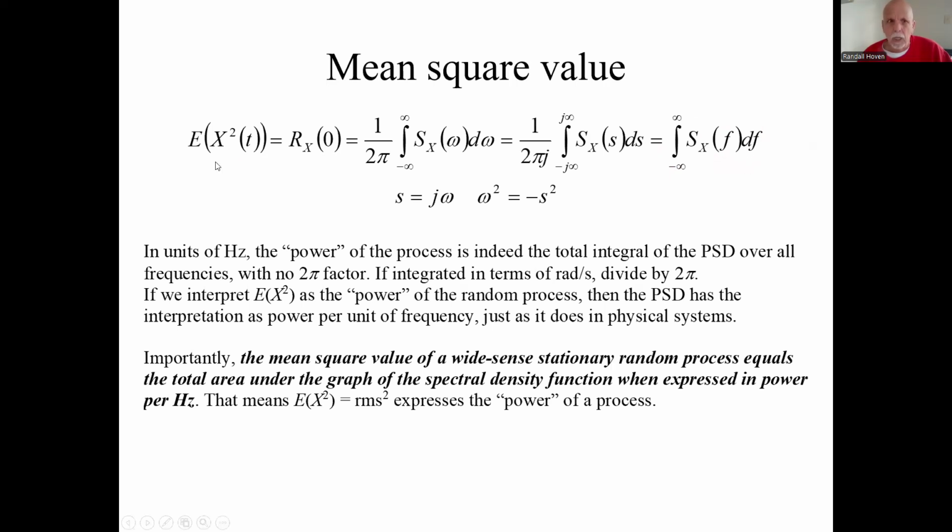And we call that the power of the process. In hertz, power spectral density is power per unit frequency. So if you integrate over all frequencies, you get the total power of the system, and that is the mean square value.